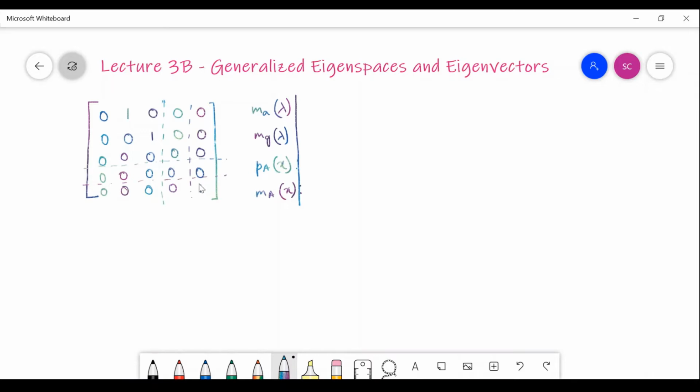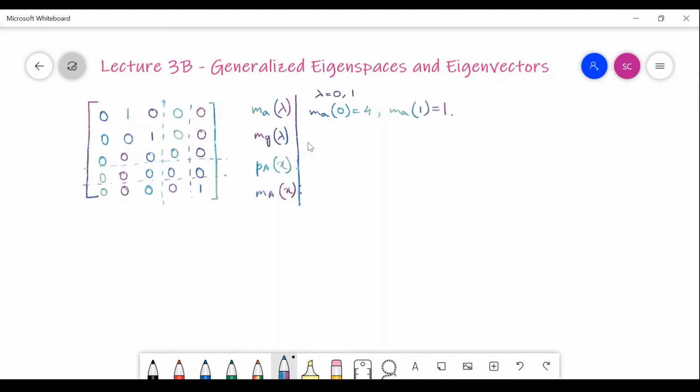So this was already in Jordan canonical form, and hence you can find the eigenvalues in the diagonals. You can see there are 4 zeros and 1 one. So the eigenvalues are lambda equals 0 and 1, and MA 0 is 4 and MA 1 is 1.